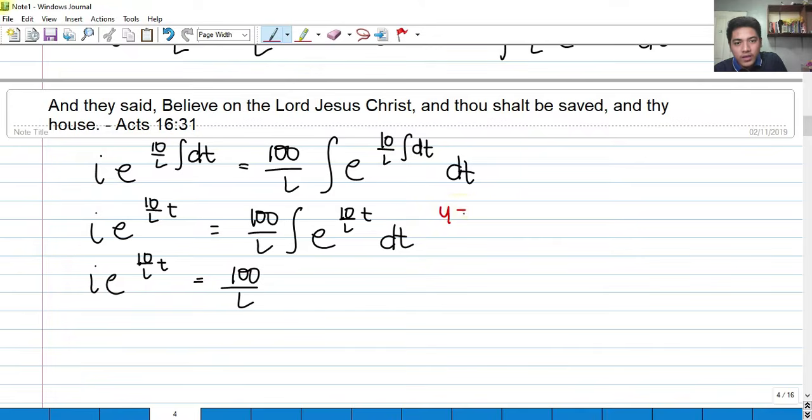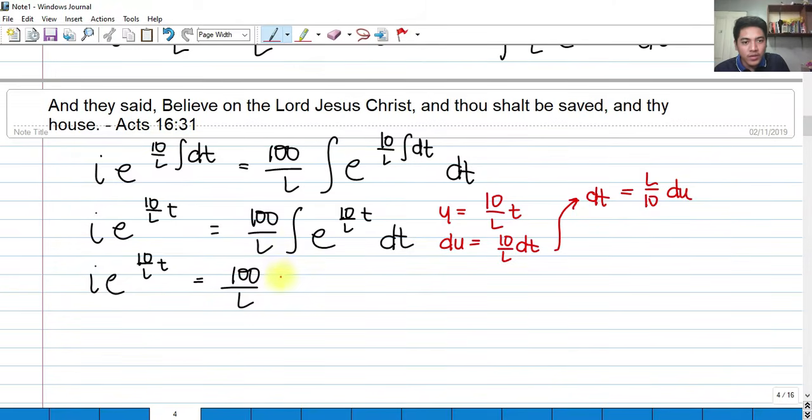So, if we let u equal to 10 over L t, okay, differentiate it with respect to t. So, we have du equals 10 over L dt. Correct? Because the derivative of this is considered as constant, and the derivative of t is simply 1. So we have 10 over L dt. And if we're going to express dt, because that is what we have here, dt, we have L over 10 du.